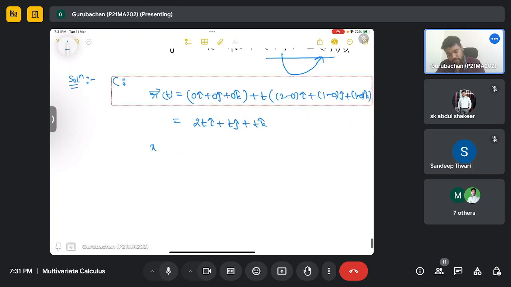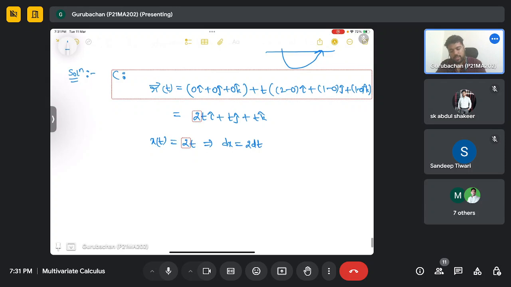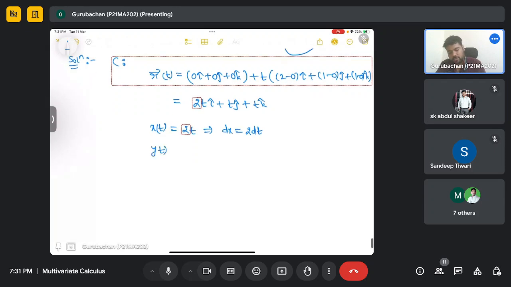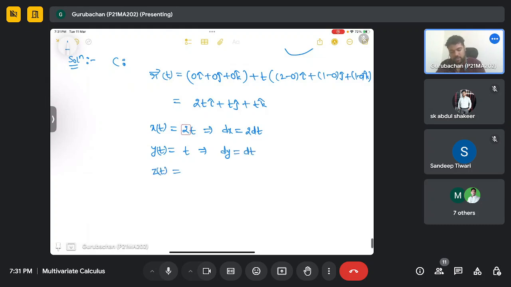So from here, x(t) will be 2t, which will imply dx to be 2 dt. Similarly, y(t) will be t, which will imply dy to be dt. z(t) will be t, which will imply dz to be dt.